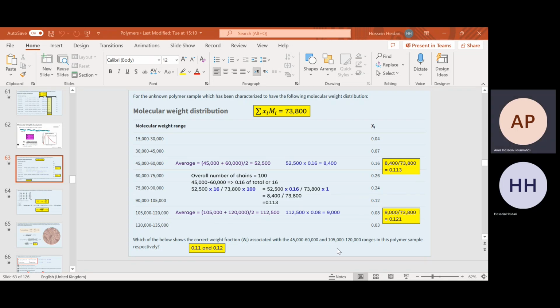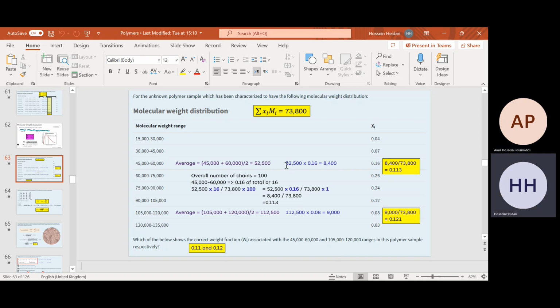Sorry, so I understand what you did by 52,500 times 0.16. I get that part, just the yellow part, 8,400 divided by 73,800. Because if we're finding the weight fraction, and 73,800 was the number average, shouldn't, because you know the formula. So we're not dividing it. So we are multiplying the 52,500 by 0.16 and then dividing it by that.